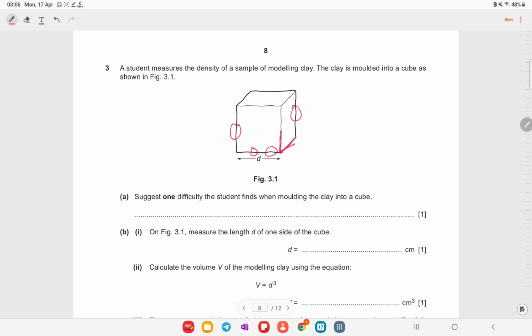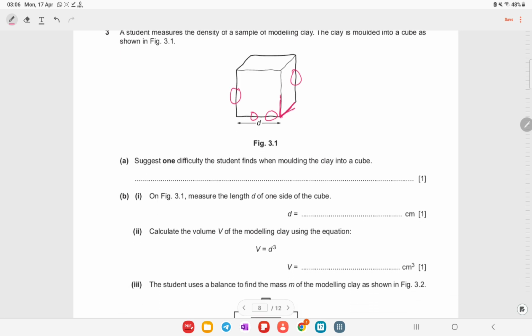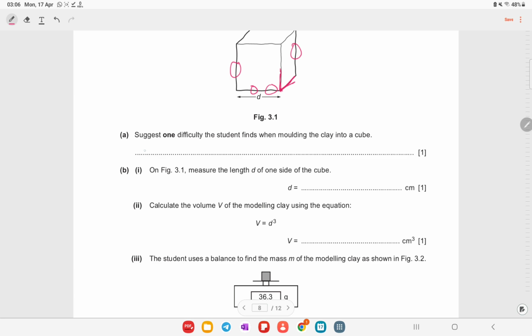So this is the first difficulty he is going to have in making this cube. The edges are not straight, so it's going to be a problem for him to make straight edges, or they are not properly perpendicular.